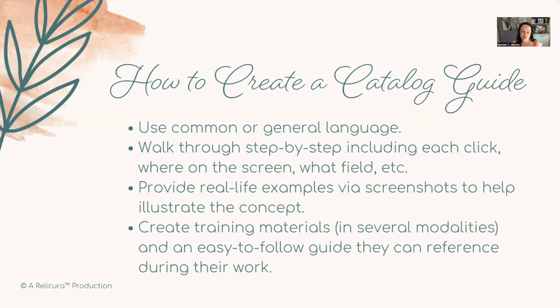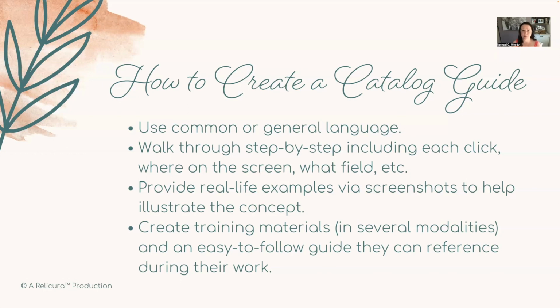Then create training materials in several modalities with the easy to follow guide that they can reference during work. So in addition to the probably written instructions that you will be creating, I recommend recording a webinar that actually walks people through the beginning to end process of whatever cataloging it is you're asking them to do.